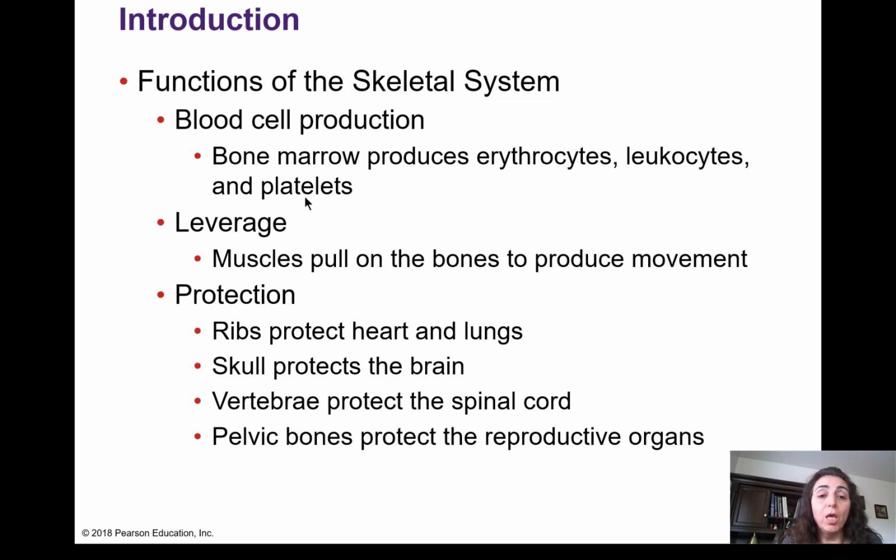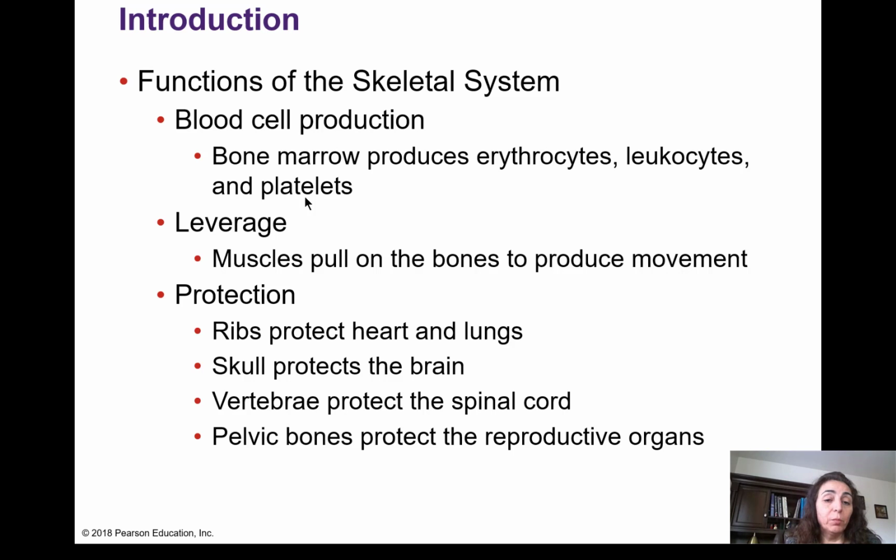But surprisingly, it's not. It is done inside of the bone marrow that we have in the middle of the bone, producing erythrocytes, red blood cells, leukocytes, white blood cells, and platelets.